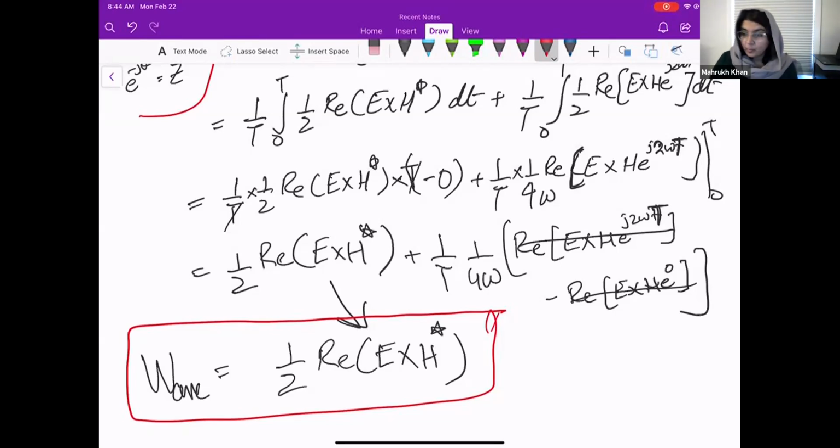So what this shows us is that in the time varying field, our average power density is the real part of the Poynting vector, right? And the real part of the Poynting vector is what is radiating, okay? So it makes us think about what the imaginary part of the Poynting vector is. The imaginary part of the Poynting vector is the stored energy.